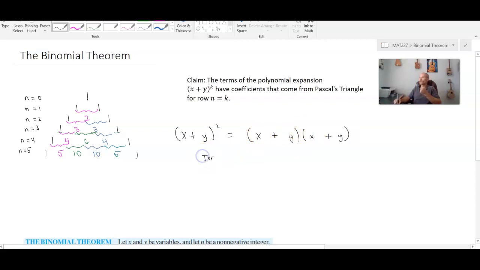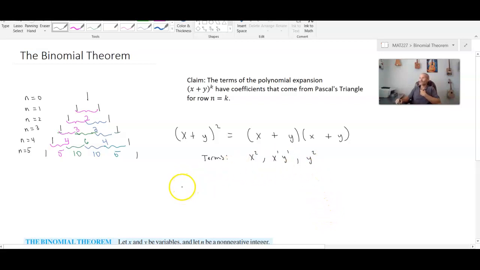So our terms, and I'm just going to list these, are going to involve some term involving x squared. There's also going to be some term involving x to the first times y to the first. And there's also going to be some term or terms involving y times y, which is y squared.